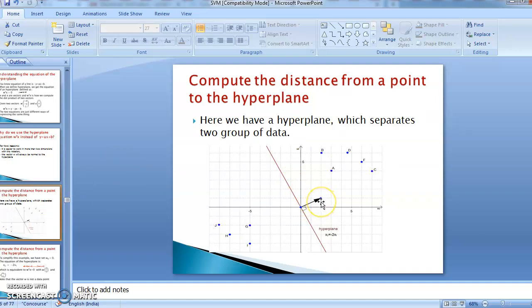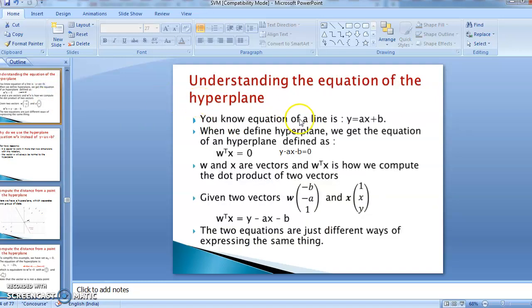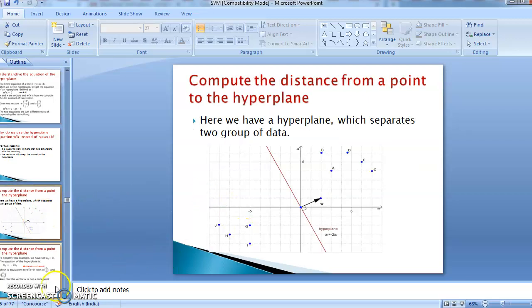See here, w is not a data point, w is a vector. The equation of a line is y = ax + b; similarly, the hyperplane equation we have considered is wᵀx, where w and x are the two vectors. So from the given hyperplane we have computed the w vector, and we can see that it originates from the origin.